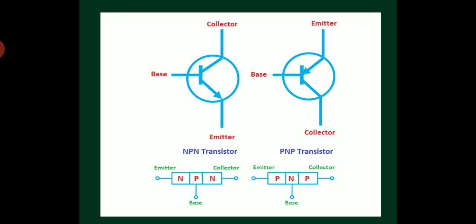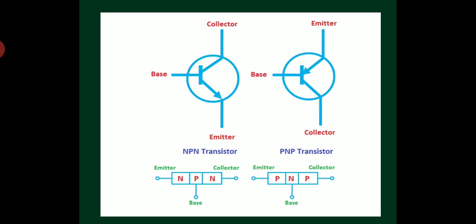For a PNP transistor, current flows from the emitter and divides outside to base and collector. Whereas for an NPN transistor, current flows from base and collector, and they combine and come outside through the emitter of the transistor. Okay, so it is an NPN transistor.